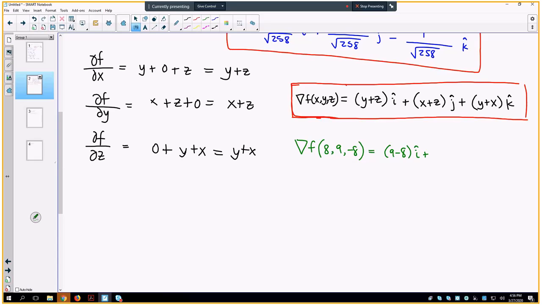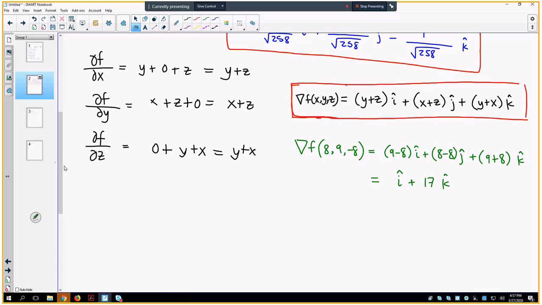And then I get 8 minus 8 j cap, so 0. And for k cap, I have 9 plus 8, so 17. That is i cap plus 17 k cap.